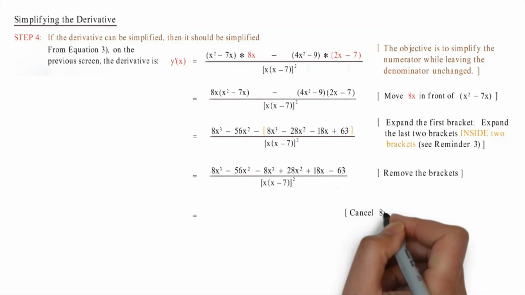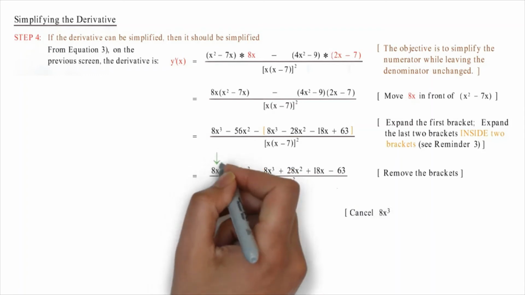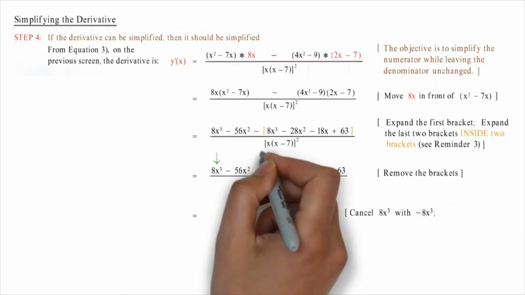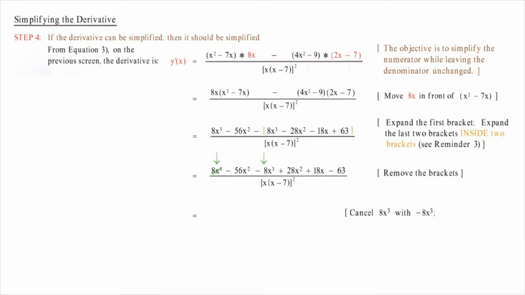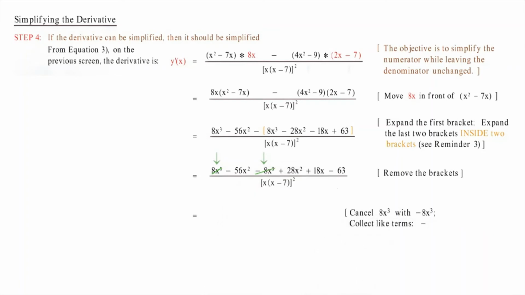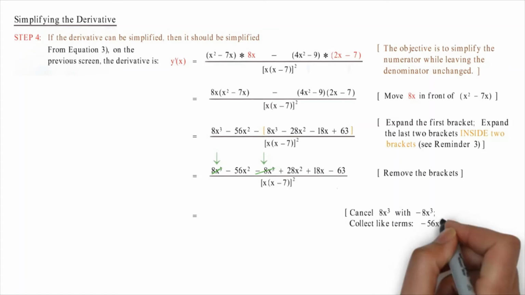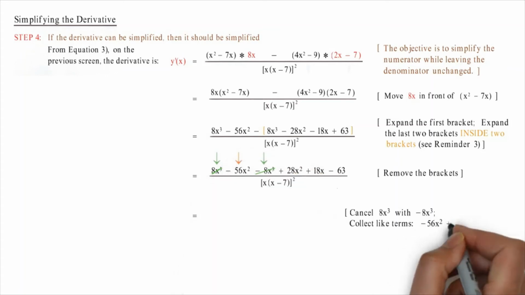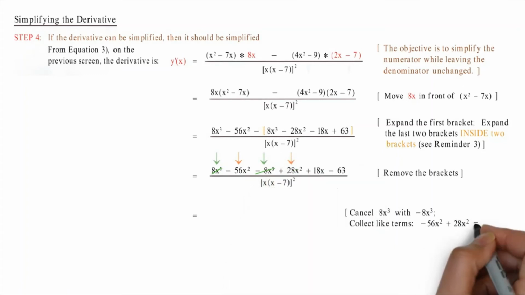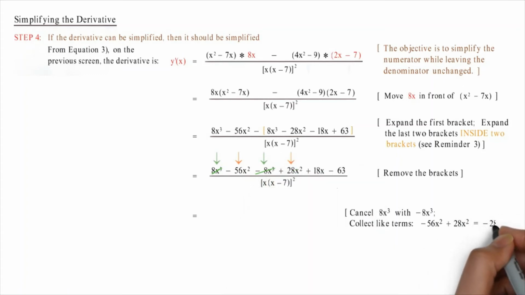Cancel 8x cubed with minus 8x cubed. Collect like terms. Minus 56x squared plus 28x squared equals minus 28x squared.